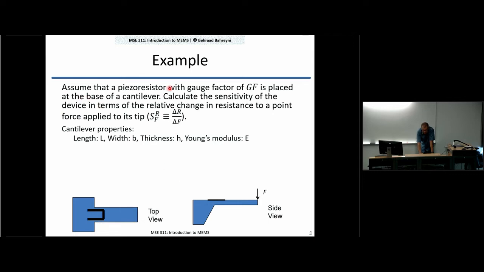The question says that we have a gauge factor GF for the piezoresistor, and what we want to find out is the sensitivity of the device in terms of the relative change in resistance to a point force applied to the tip of this cantilever. And these are the parameters for the device. So we have a length of L, width of B, thickness of H, and Young's modulus of E for this cantilever and its material.